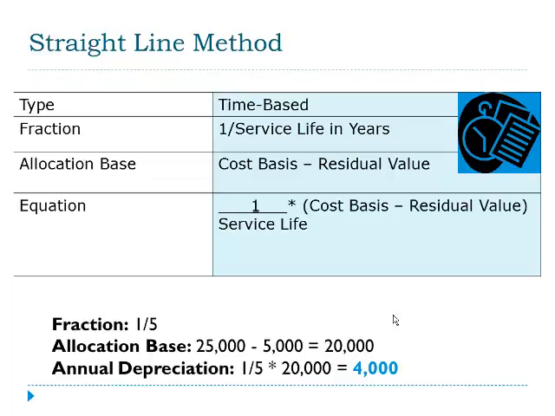So we'll take that acquisition cost of $25,000 minus the $5,000 residual value. So our completed equation is going to be 1 divided by the service life times the acquisition cost minus the residual value. Substituting in the values from our fact situation, the annual depreciation is 1/5 times 20,000, that cost basis of 25,000 minus residual value of 5,000, which is equal to 4,000.